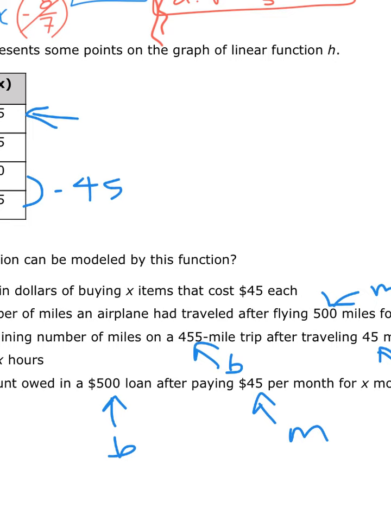Here, 2 months, this one's 90. There we go. So my slope is 45. So can it be it? No, because the slope there is 500, right? D would have to be the answer.